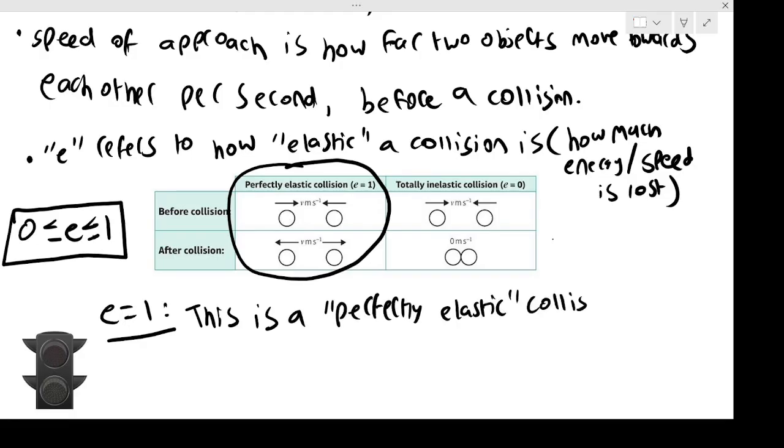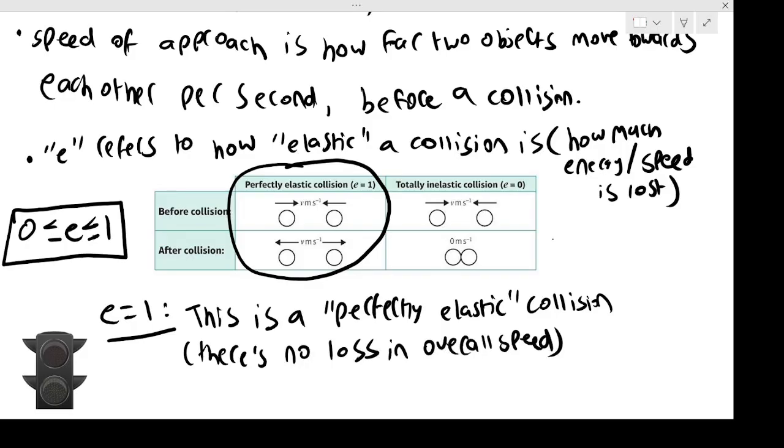And what that means is, as we discussed, there's no loss in overall speed. And again, in terms of overall speed, the speed that they approach each other at is going to be the same as the speed when they separate, okay? And so there we are.